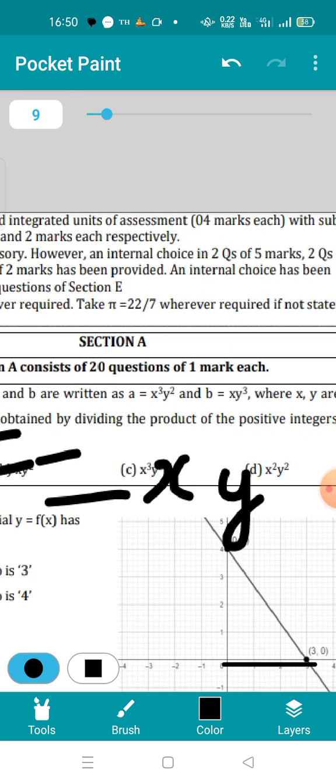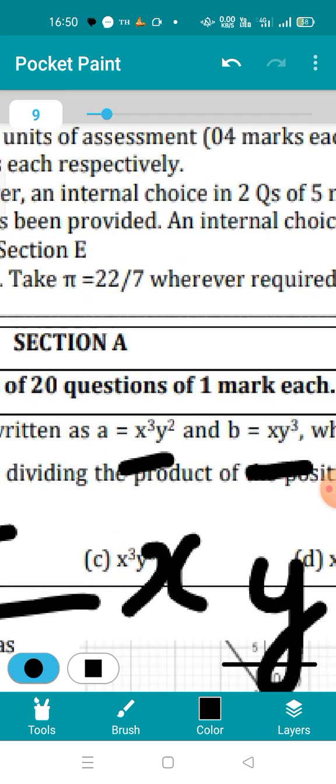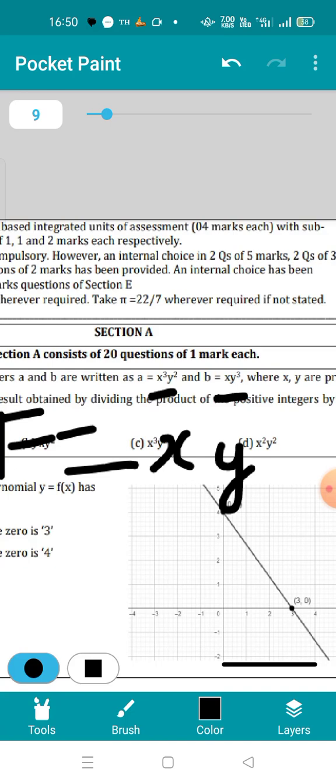Now if you look at the powers of x present in a and b, you will see that the two powers are 3 and 1. So the power of x in a is 3, the power of x in b is 1. We have to choose the lowest power. What is the lowest power between 3 and 1? It is 1. So x power 1.